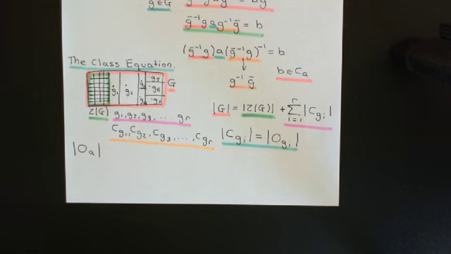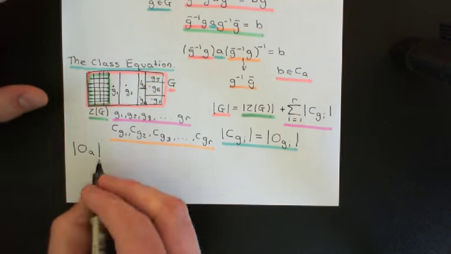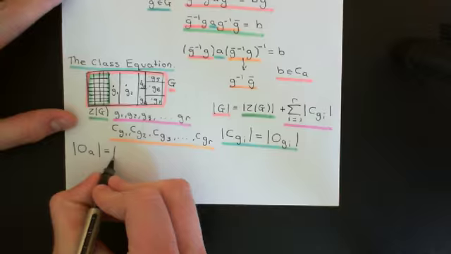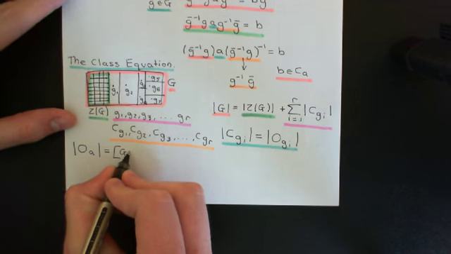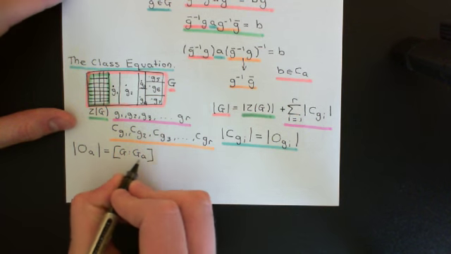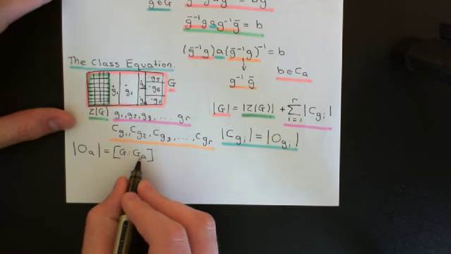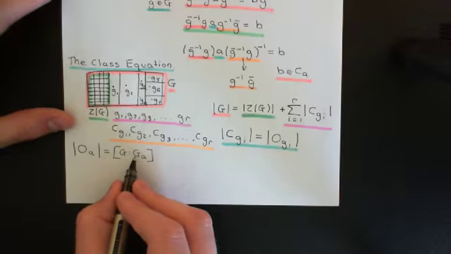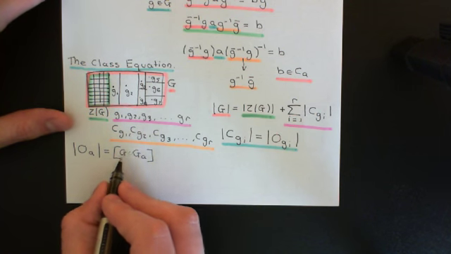Okay, so the number of elements in the orbit of an element little a is actually the same as the index of the stabilizer of a in G in the group G. Okay, and remember this means the number of left cosets of the stabilizer of a in G in the group capital G.